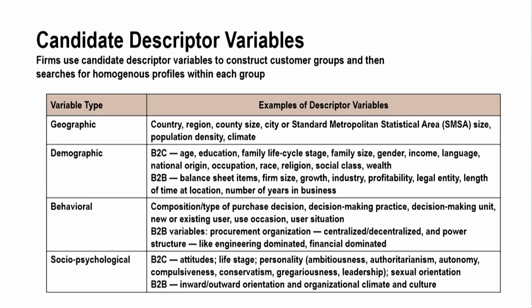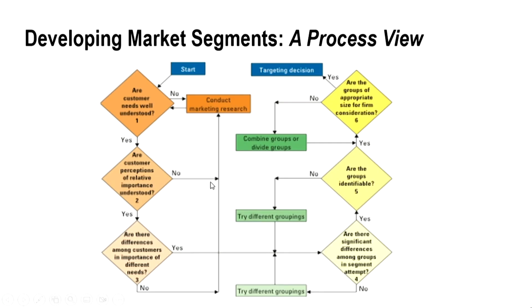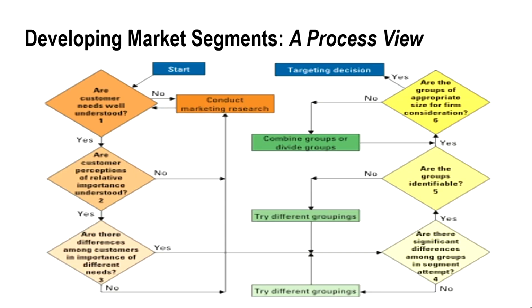And then we can look at this particular chart, which is a kind of flow chart, where we start with our customer. So, developing a market segment, if we want to take a process view using the flow chart method, an example is in front of you.